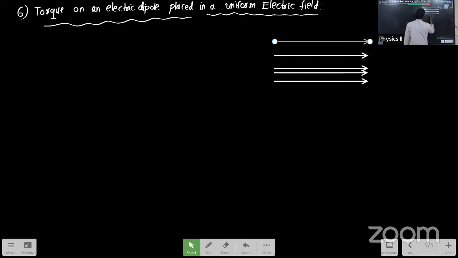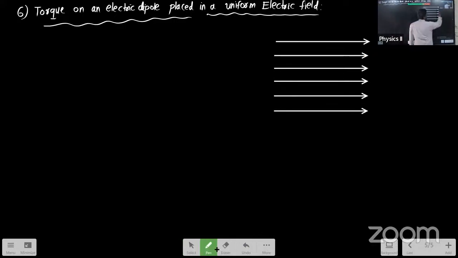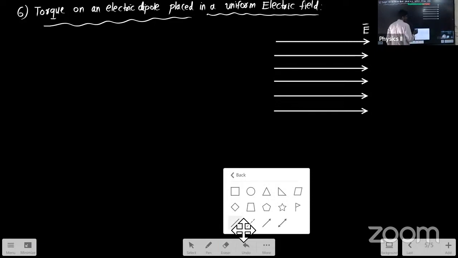In this uniform electric field, I'll be placing an electric dipole. This is our uniform electric field, in this direction, this is E bar. It is originating at one particular point and moving away. So here I will be placing an electric dipole.